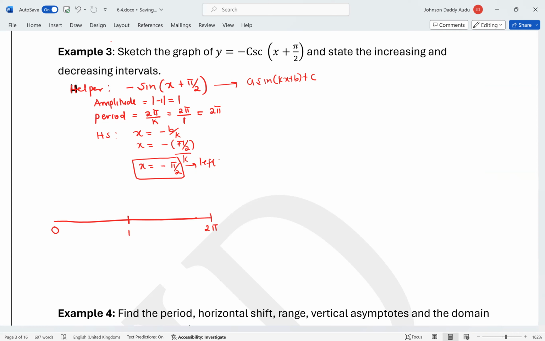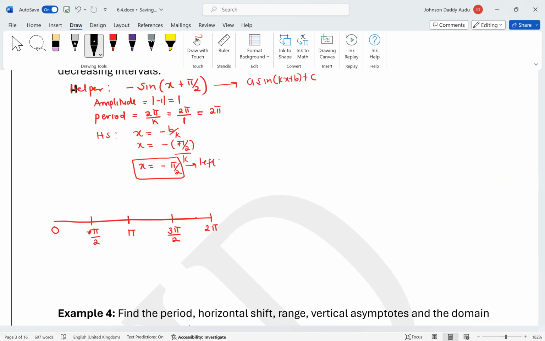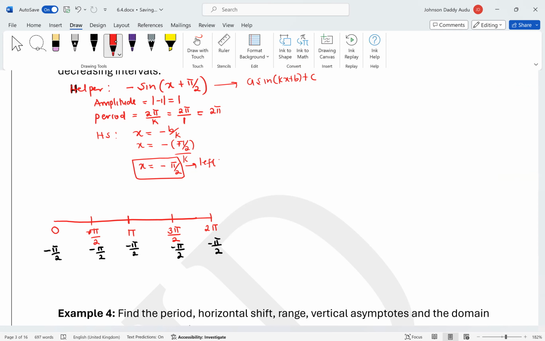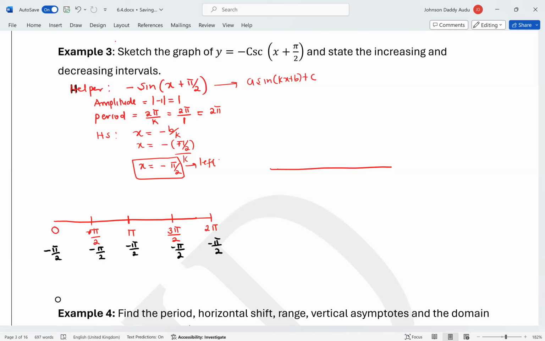This is pi over 2, and this is pi, and this is 3 pi over 2, right? Now, because we have a horizontal shift of minus pi over 2, it means you have to remove pi over 2 from each point here. And once we're able to achieve that, then we will have the interval to work with. So let's say we have this interval now.